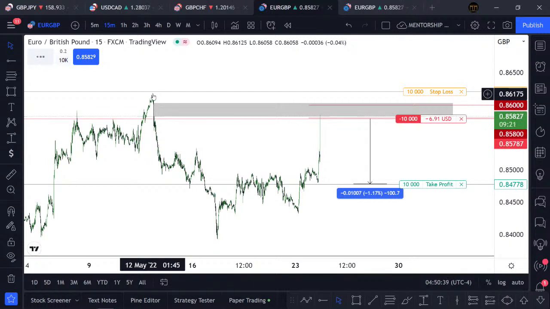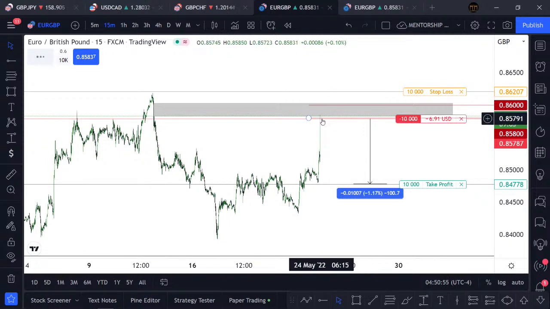I shouldn't try. Just like I've sold here, I am sure this institutional level will help me out to at least retrace.